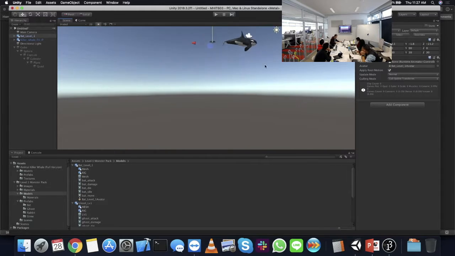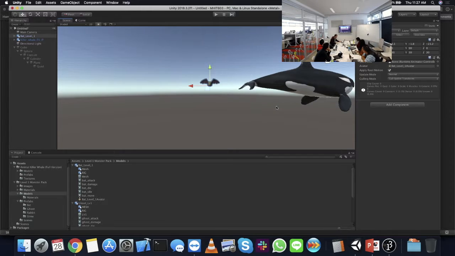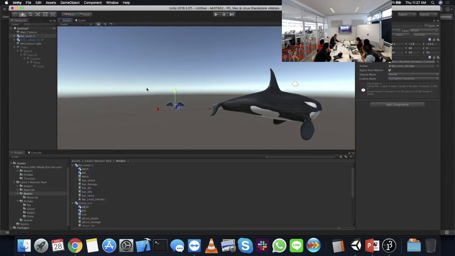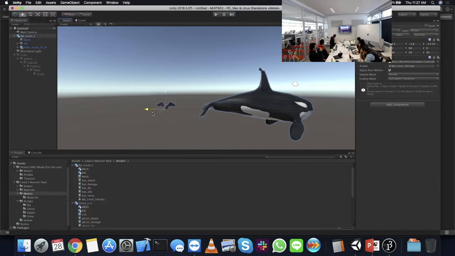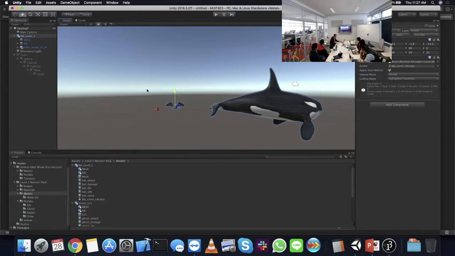Okay. So now we have our bat and our killer whale. If I take that killer whale and make it a child of the bat, because remember I said before, in our 3D graphics it's like we have all our geometry as children of each other. So the killer whale is now a child of the bat. If I move the bat, the killer whale will move.